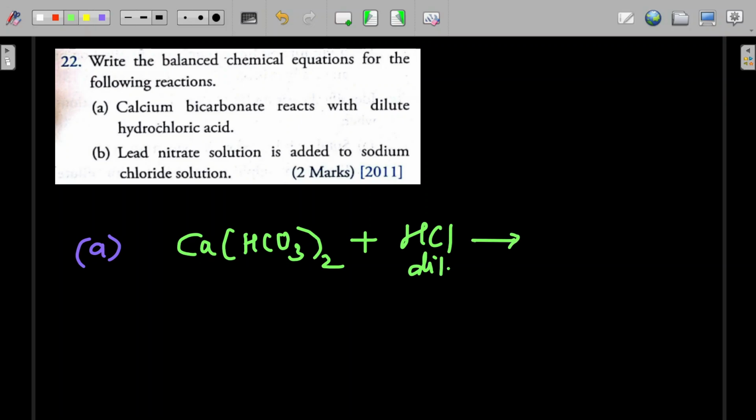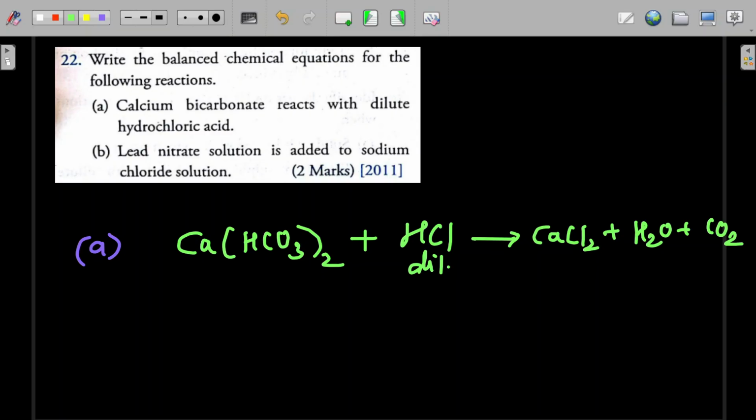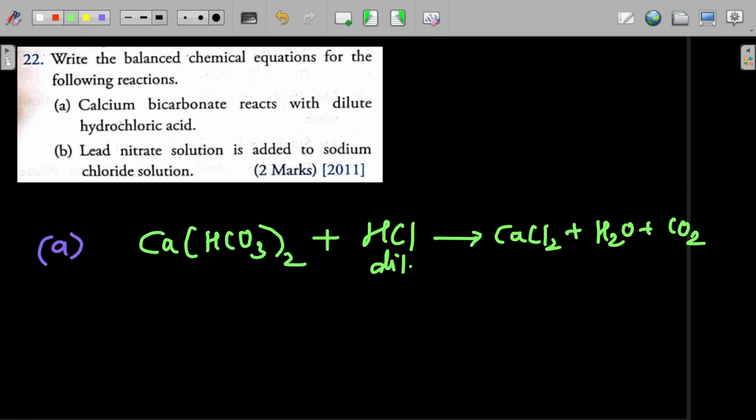The general typical reaction I told you: acid plus any metal bicarbonate or carbonate will give you salt, water, and CO2. So the salt will be CaCl2, water and CO2 gas. This is how we have to remember. That's why I told you don't try to remember individual equations. Whatever general equations I gave you, remember those.